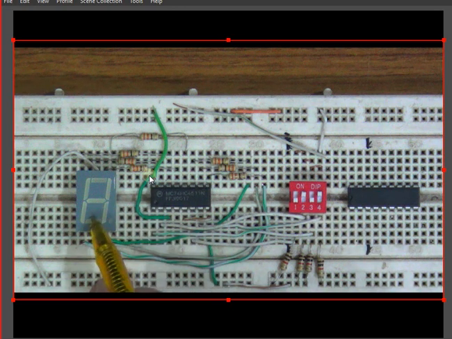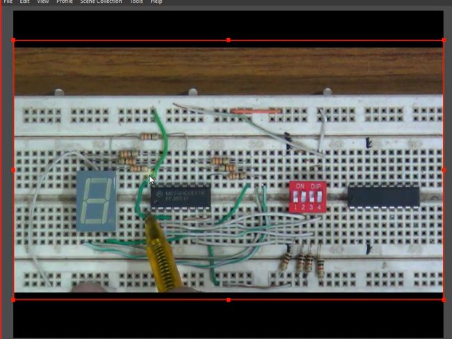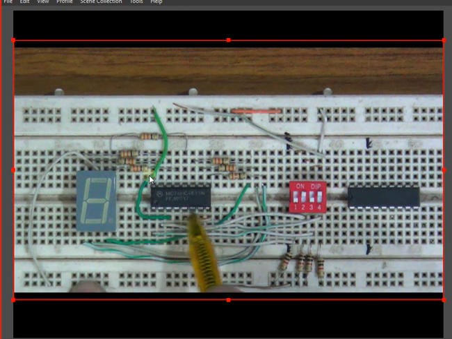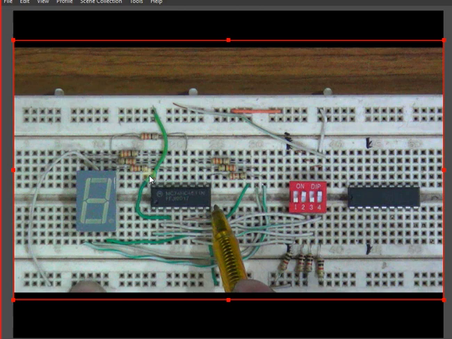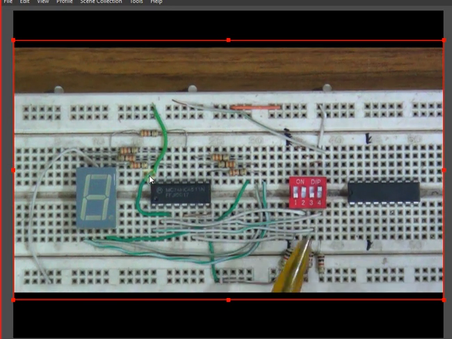The notch or the dot should be on the left side, facing towards you, starting from the extreme left. This is pin number 1 to pin number 8 over here, and then pin number 9 to pin number 16. So from here to here, this is pin number 1 to 16.